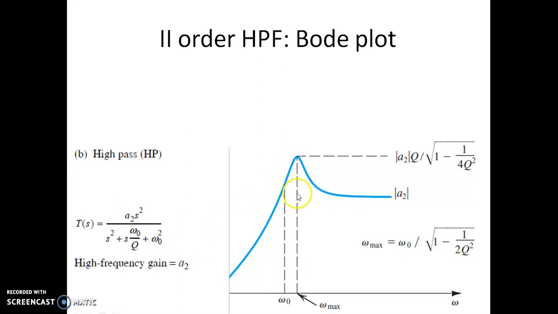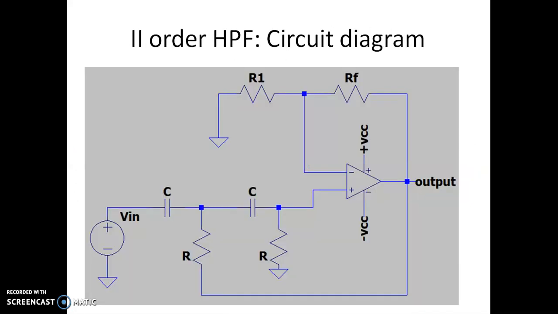So this is an overshoot response that depends on the value of Q and omega naught, which we'll see in the coming slides. This is the Bode plot of the high pass filter. Initially the slope is plus 40 dB per decade, and then finally it becomes 0 dB per decade after it crosses the cutoff frequency of the filter.